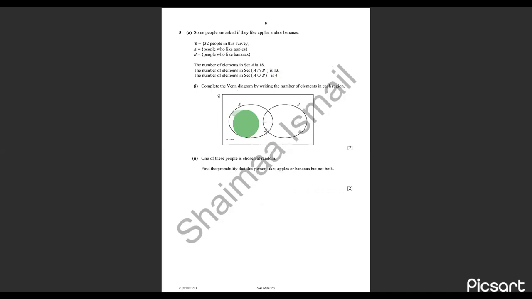Then he gave you A union B dash is equal to 4. The union is covering this whole part, so union dash is everything outside these two, A and B. So the 4 will be here.